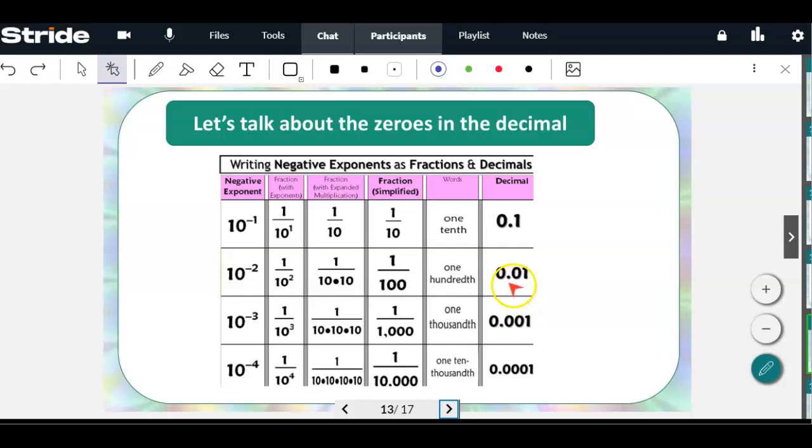And then you have the 1 0 here, so it's a little different with the negative versus the positive exponents. And then you have the -3, there's only 2 zeros. Because it's actually, again, 1 over 10, 1 over 100, and then there's our decimal numbers.